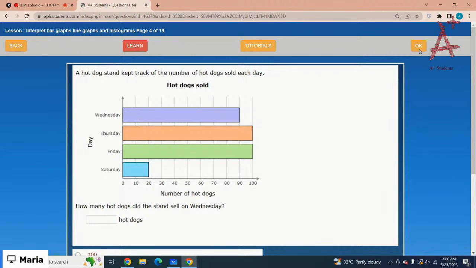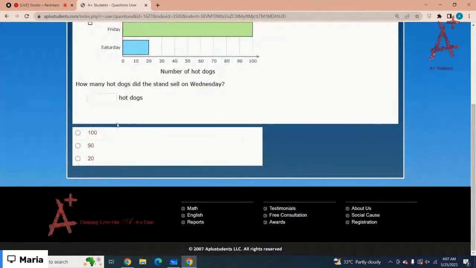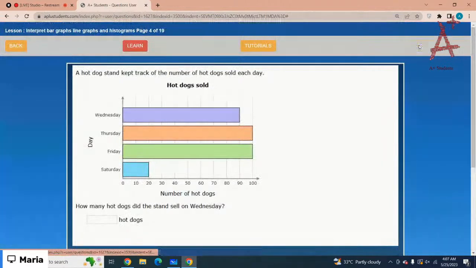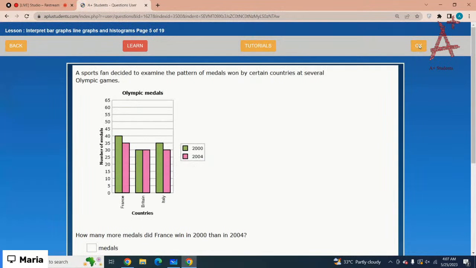On Wednesday, you can just match the line to the x-axis, so it would be 90. The correct option is 90.